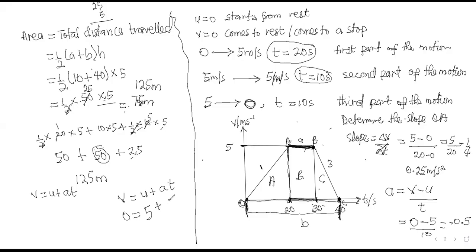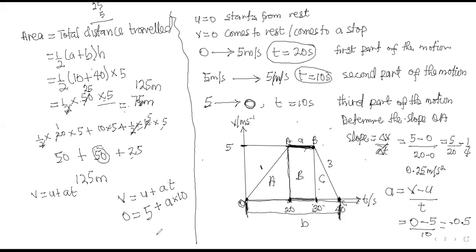All this deceleration occurred within 10 seconds. So time is 10. Just look for A. But the moment your value of A is negative, it means it's a deceleration.